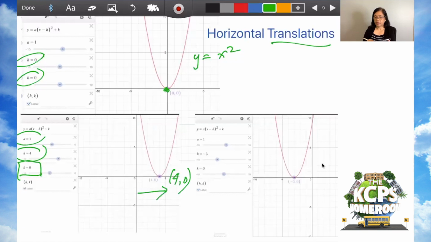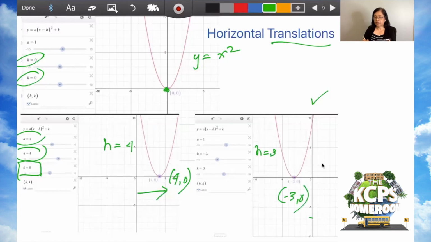On the second graph on the right, notice the difference. Here h is 4, and here h equals -3. Notice the coordinates here: it's -3 and 0.